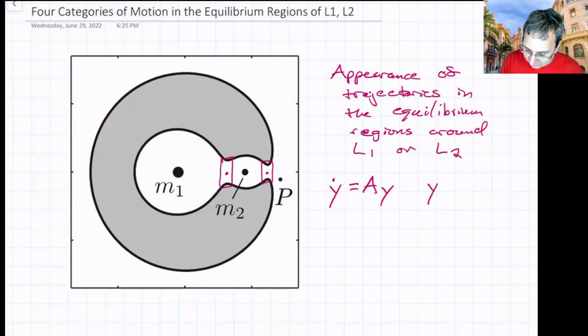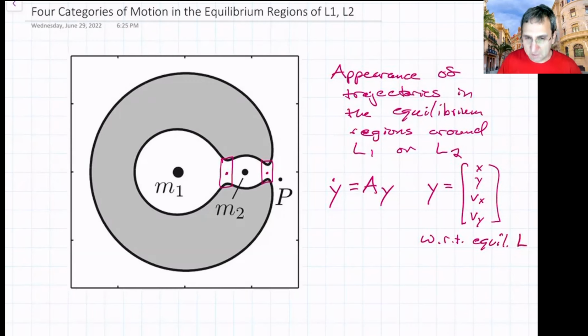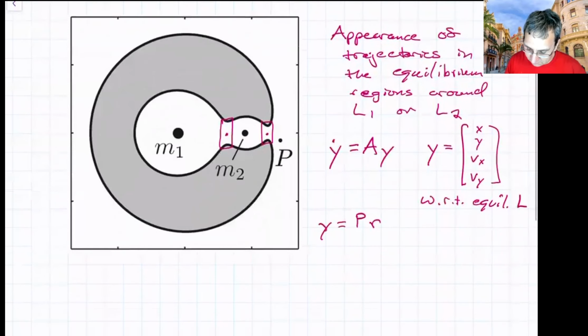Y here is a matrix that actually represents x, y, vx, and vy with respect to the equilibrium point, and just to generically refer to L1 and L2 as capital L. So this is all with respect to the equilibrium point, and we said that you can do a transformation to new variables via a matrix P. Or you could write it this way, R equals P inverse Y.